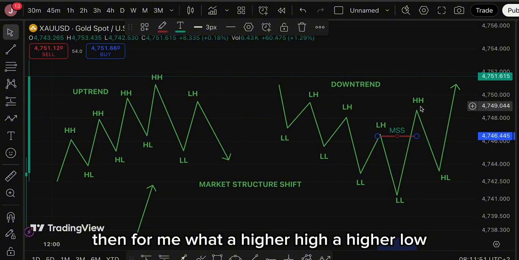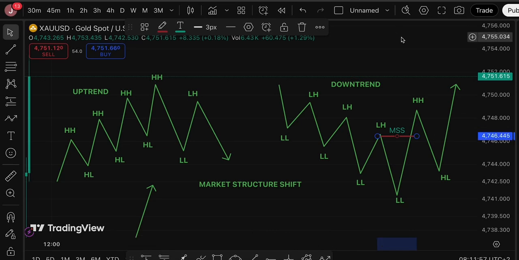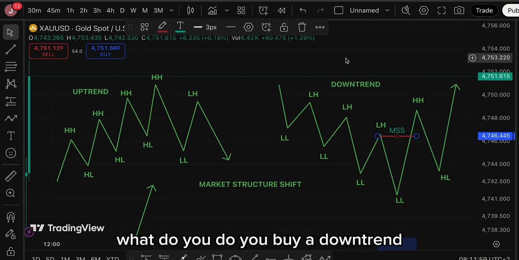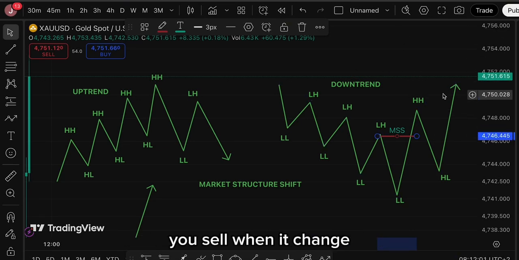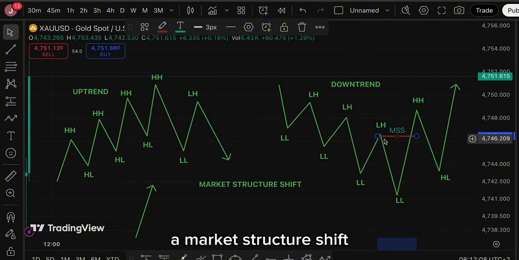Then it forms a higher high, a higher low. It was a downtrend, now it's an uptrend. What do you do? In a downtrend, you sell. When it changes, you buy. And it is called a market structure shift.